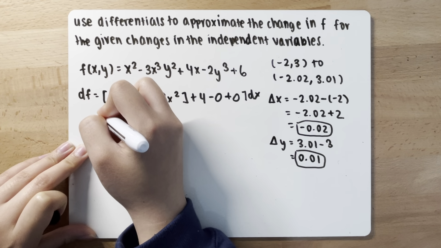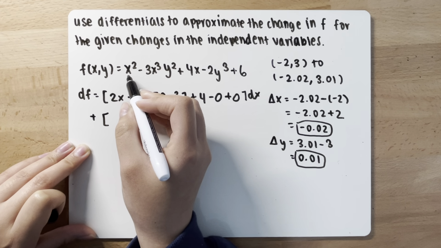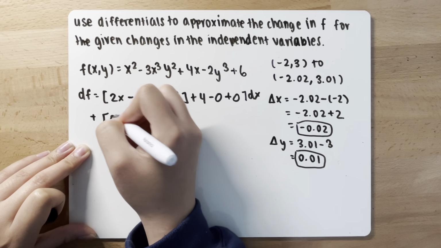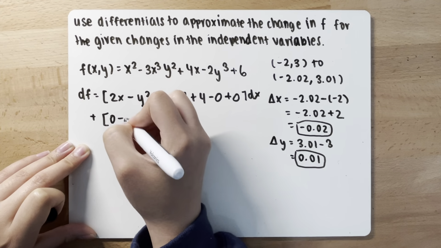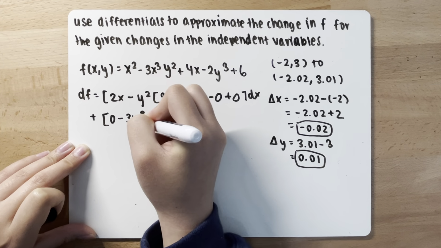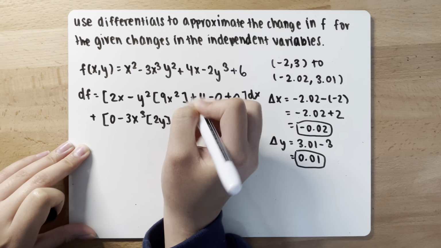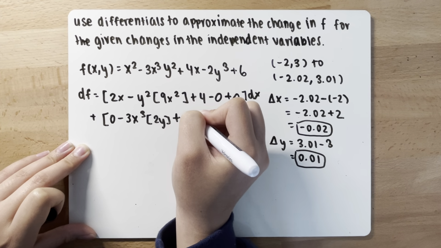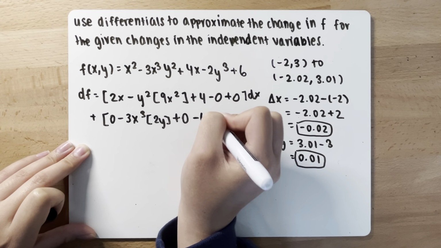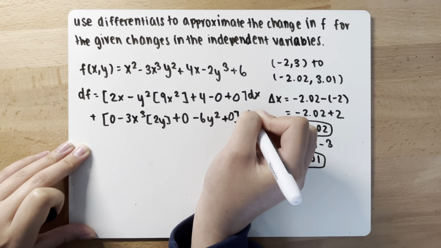Now, to find dy, take x and regard it as a constant. So you have 0 minus 3x cubed times the derivative of y squared, which is 2y, plus 0 minus 6y squared plus 0, dy.